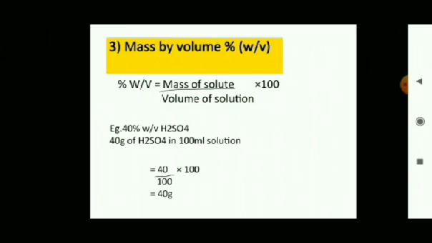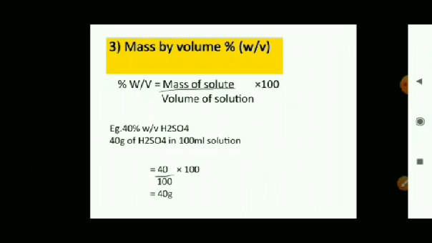Now here is one example which I have given, that is 40% weight by volume of H2SO4. What does it mean? In simple words, one example is given that 40% weight by volume of H2SO4 is given to you. Now what is 40%?